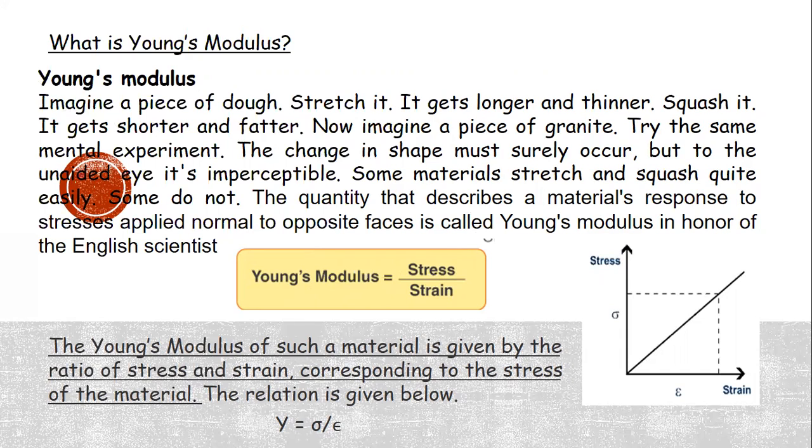The change in shape must surely occur, but to our eye it is imperceptible. We cannot see that change. There may be a change, but we cannot see that. Some materials are stretched and squashed quite easily.